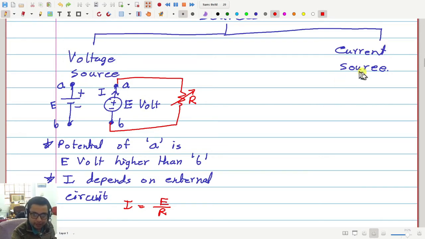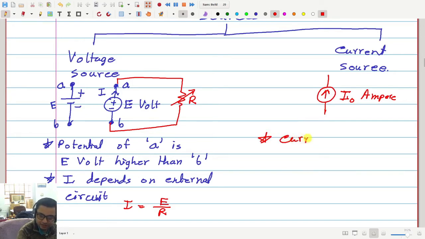In the same way, we have something new which we call a current source, and the symbol of a current source is like this, a circle with an arrow. For a current source, if the value is, say, I naught ampere, then it is guaranteed that through this source the current will always be I naught ampere.